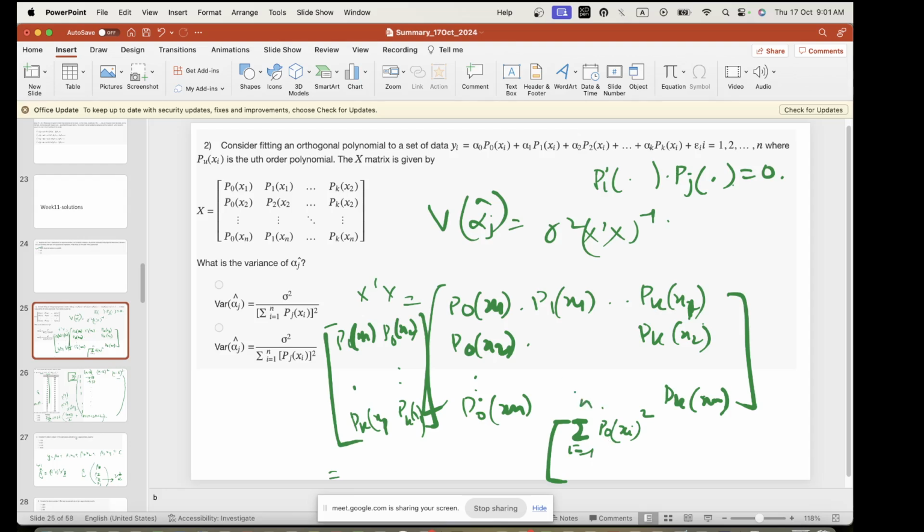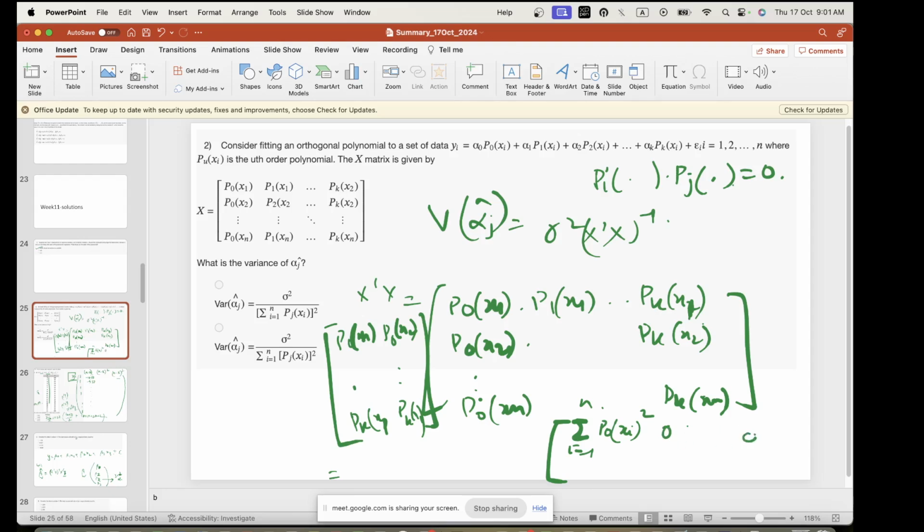The next element will be p naught x1 into p1 x1. So p naught into p1 orthogonal, so those will be 0, plus p naught into p2 orthogonal, that will also be 0, plus p naught into pk orthogonal, that will also be 0.